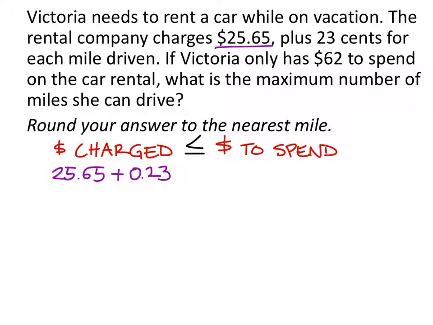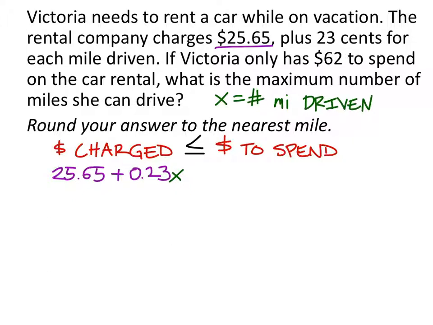So if I set up here, and we'll say x equals the number of miles driven. Then the amount we're going to get charged for the miles would be 23 cents multiplied by the number of miles driven, which we're demonstrating as x.